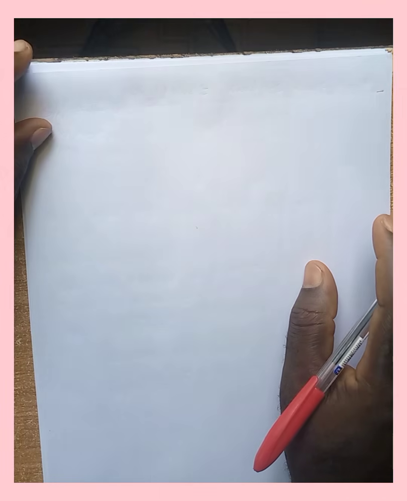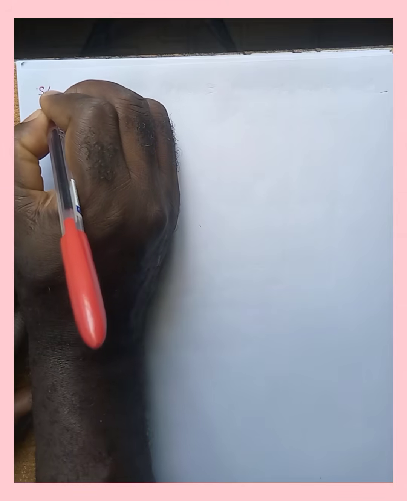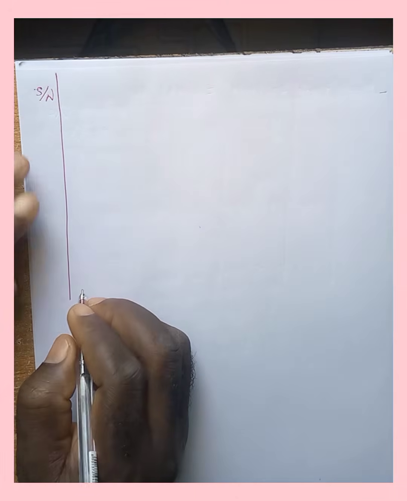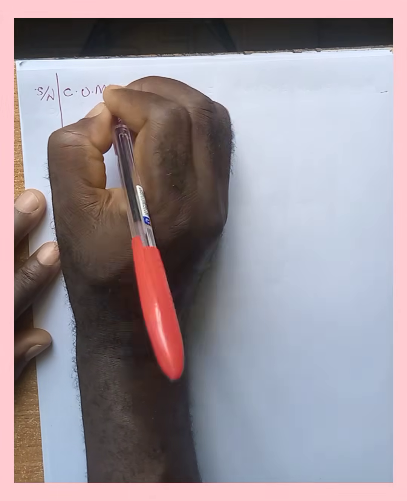Now the next thing here is, let us go and formulate our table. So as we know, the first column here is our serial number. Then the next one is the condition of motion.